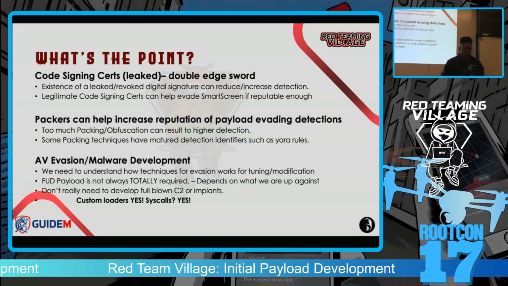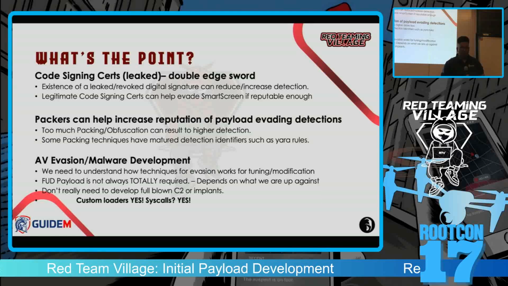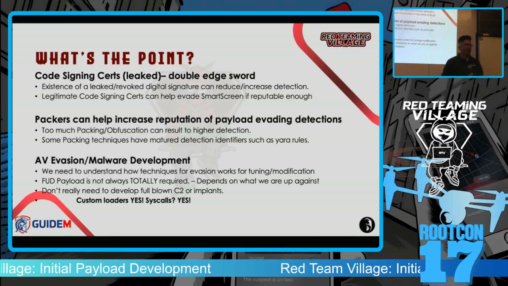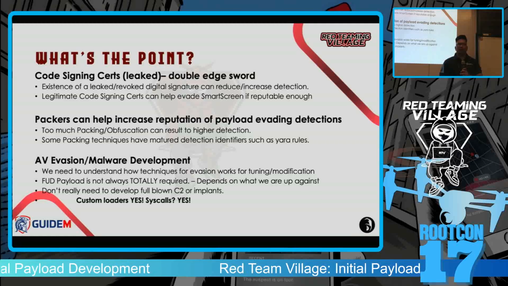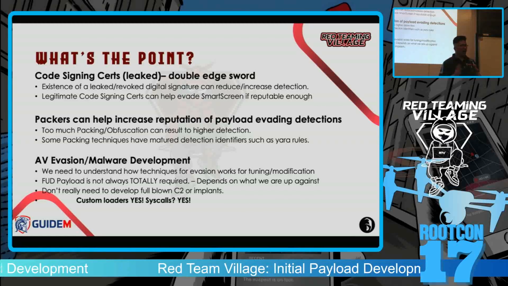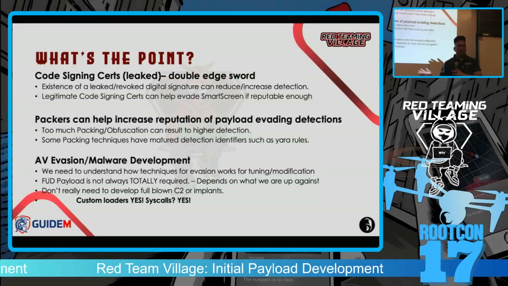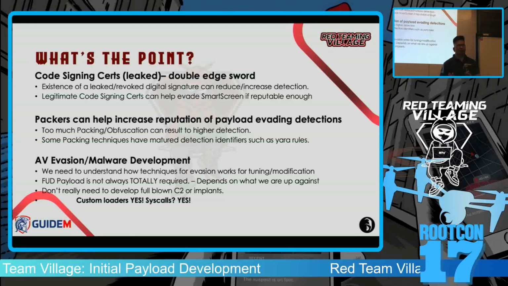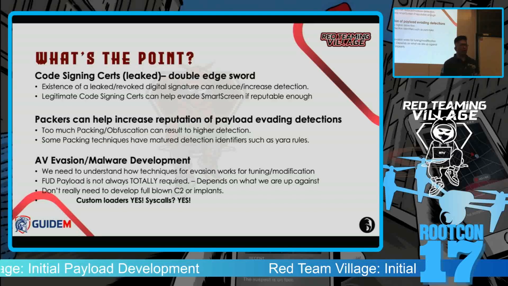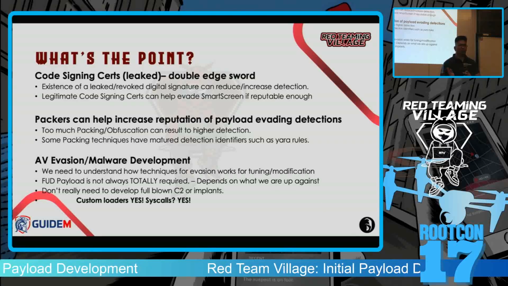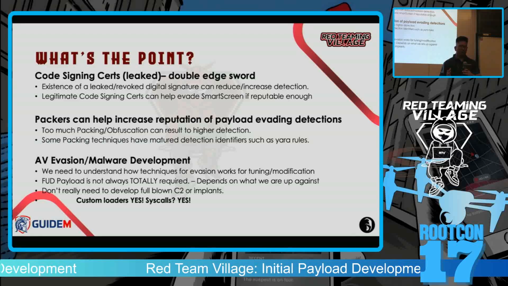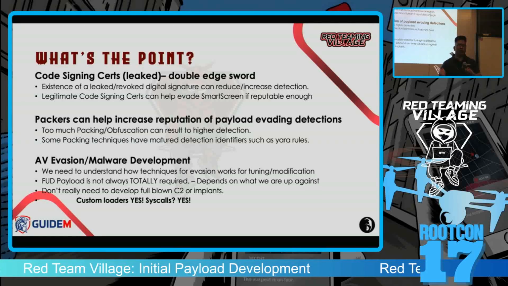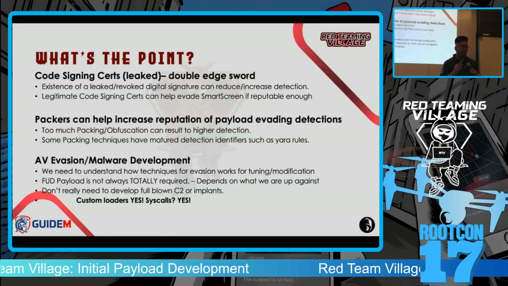So what was the point of that? We do not really need a fully undetected malware for initial access. We do not always need that. It's better if we have it, but if we have limited time, as a red team, we actually don't need a fully undetected malware. What we need is a payload that can evade the initial security tools.